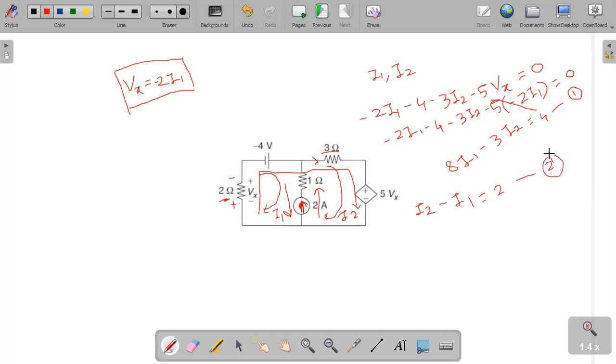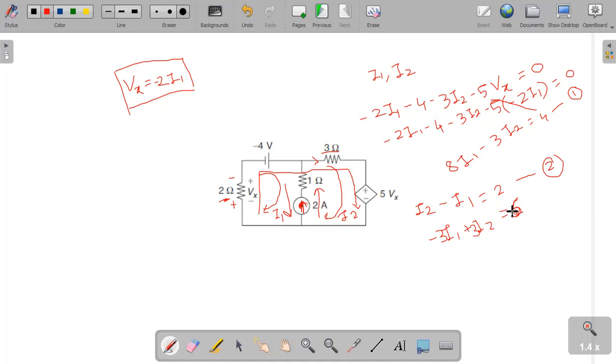I need to solve them simultaneously to get the values of I1 and I2. We can solve them in a calculator, or as these are simple equations, we can also solve them directly. If I multiply equation number 2 by 3, I will get minus 3I1 plus 3I2 equals 6.